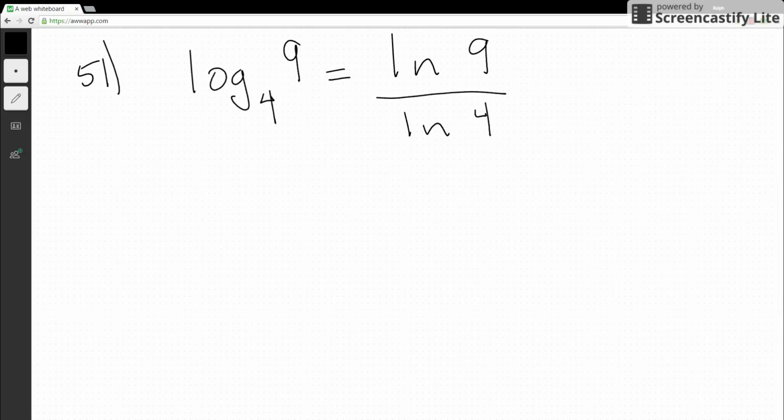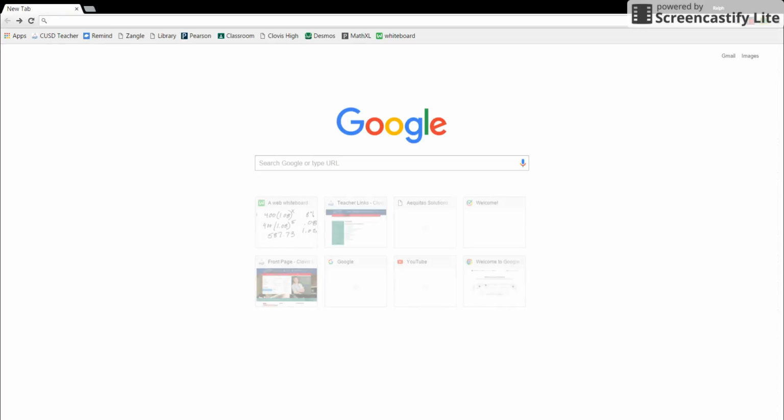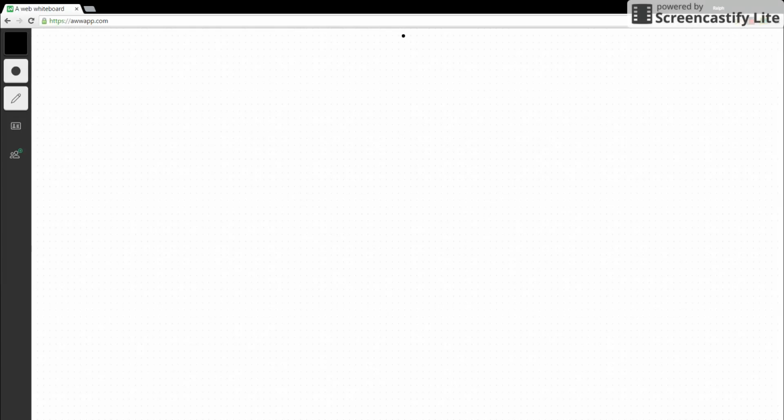I could say the ln of 9 divided by the ln of 4. That comes out to about 1.58 if I round a little bit at the end. Oops, sorry, hit the back button by accident there.